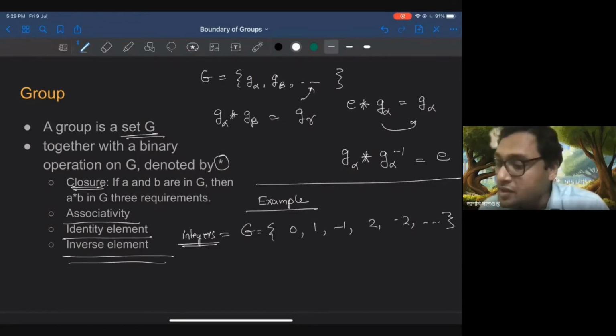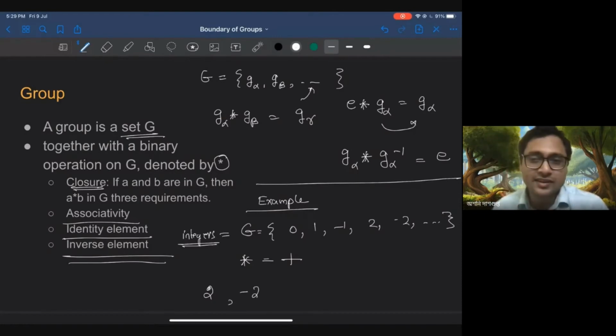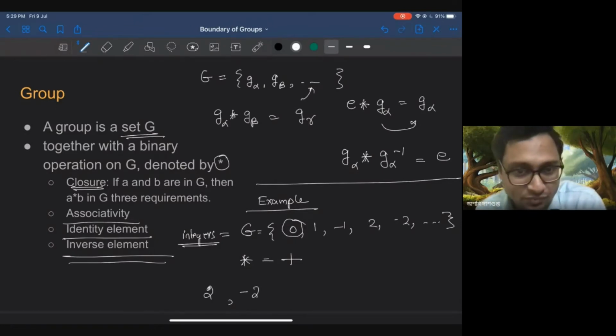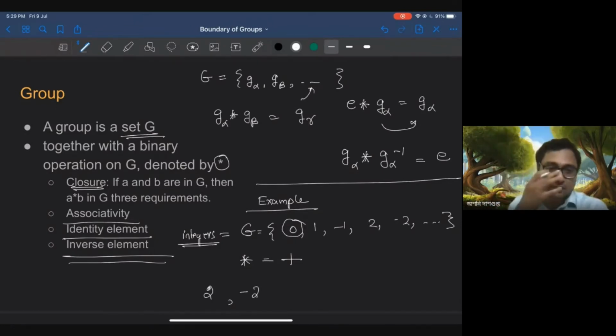The binary operation star is simply addition. And the inverse of 2 is -2, the standard meaning. And 0 is the identity element. So that's one example of a group that might be interesting for us. We will be using this example a lot.